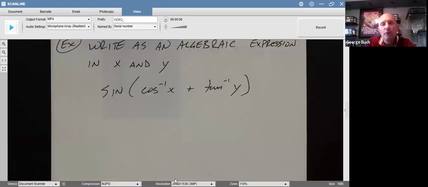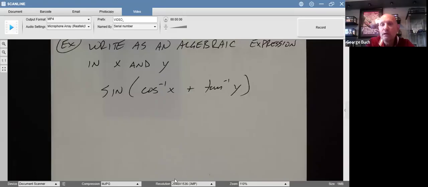So what was our build the triangle methodology? We set the inverse part only equal to theta. We took the trig function of both sides to get rid of the inverse. We built a right triangle using SOHCAHTOA. We found the missing side.